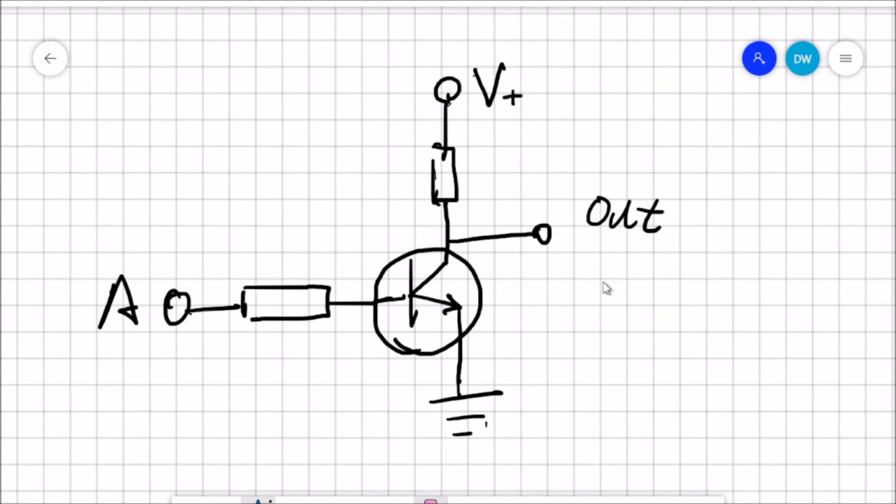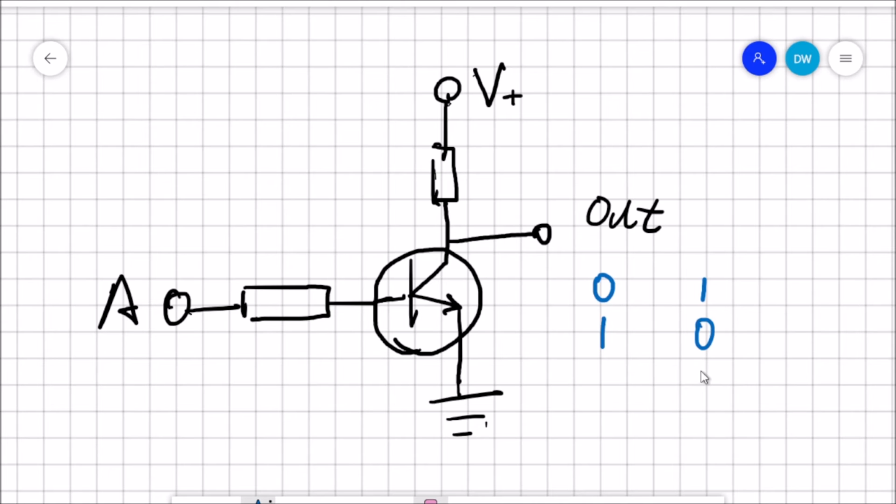So if A is 0, the transistor stays off, and all the current will go to the output, which gives us 1. Now, if we apply a voltage here, there will be current going into the transistor, which switches on, and all the current will pass through, going into the collector, exiting through the emitter and going to the ground, leaving not enough voltage at the output. So if we have 1 as the input, then the output will be 0.